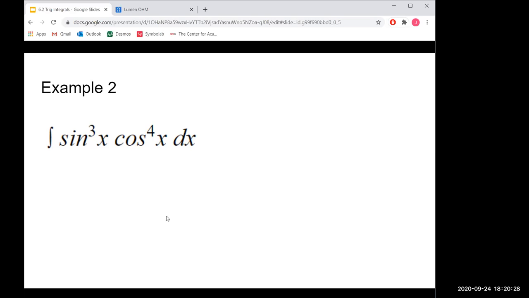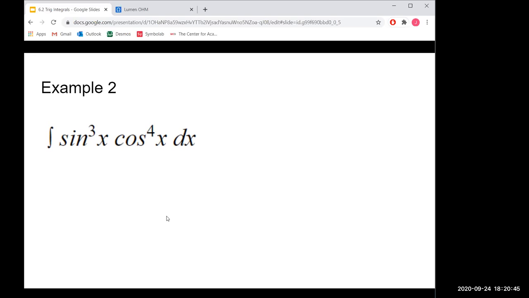Because if you've noticed from these three problems we did so far, every time we split one of the trig functions, we need something to the first power in the end, always, because that's left for the du part of the u substitution.